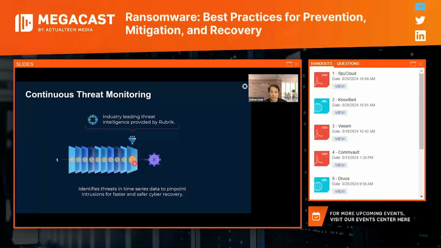Threat monitoring then proactively scans for threats out of band from production infrastructure based on that vetted threat intel, which accelerates investigation and reduces the risk of reinfection.